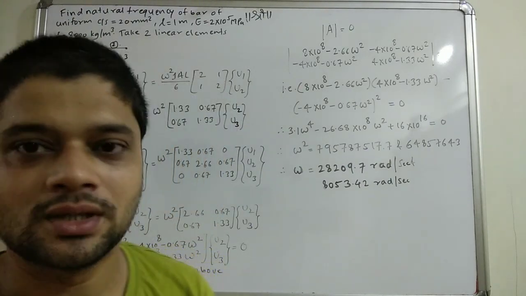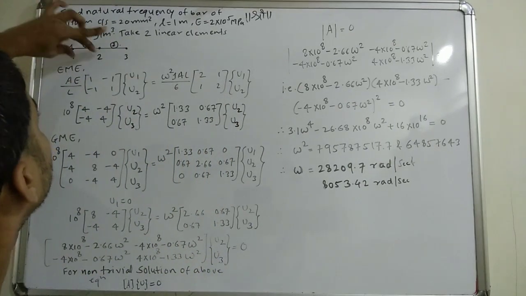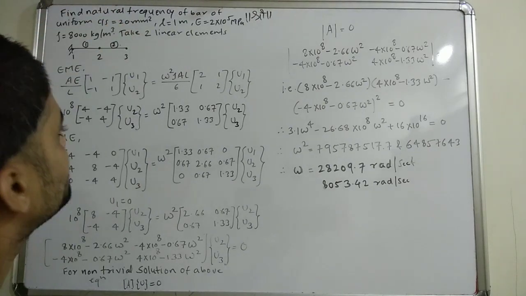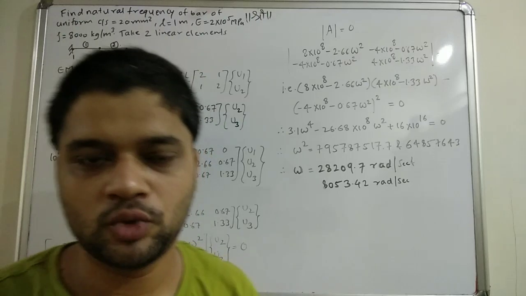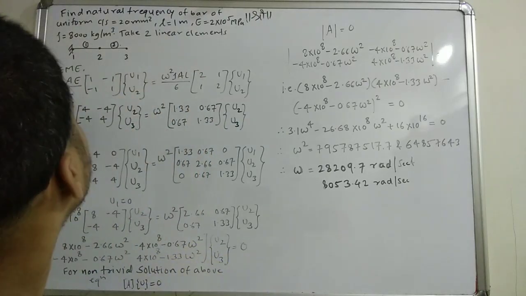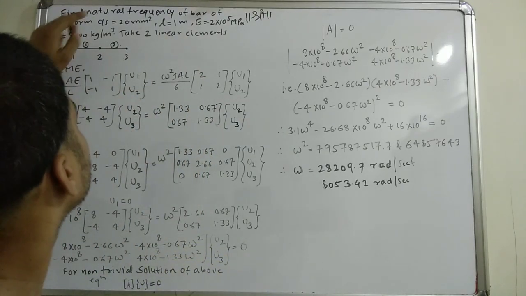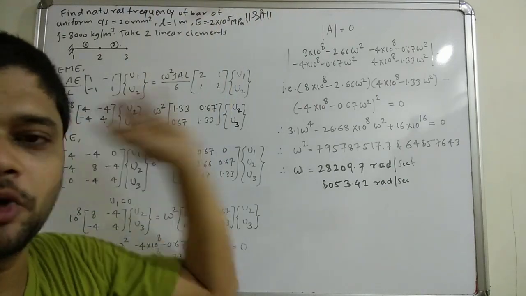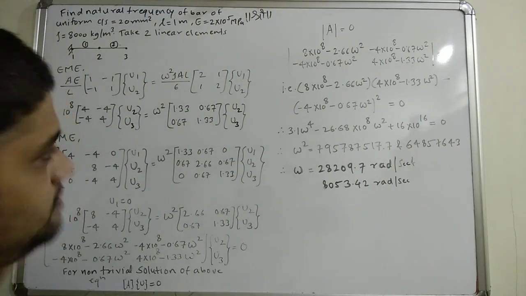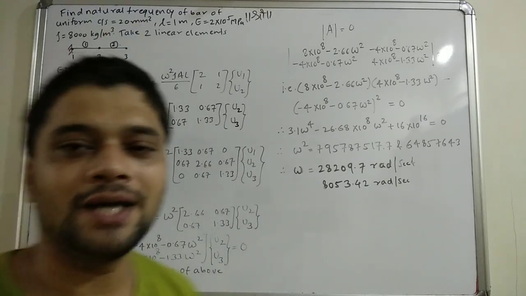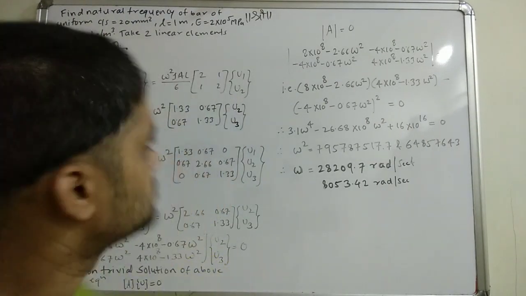So this length is 0.5 meters, this length is 0.5 meters. Since both the lengths are the same, all other factors are also the same. The cross section area is not changing, Young's modulus is the same. So my AE by L value will remain the same, and my rho AL by 6 value will also remain the same.